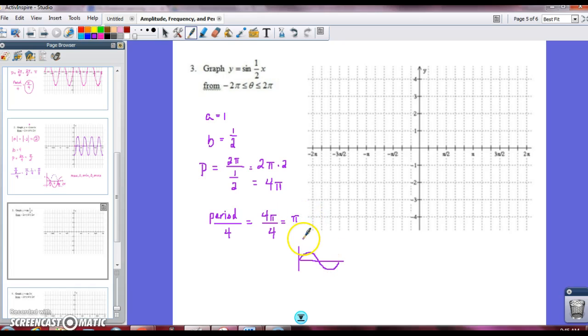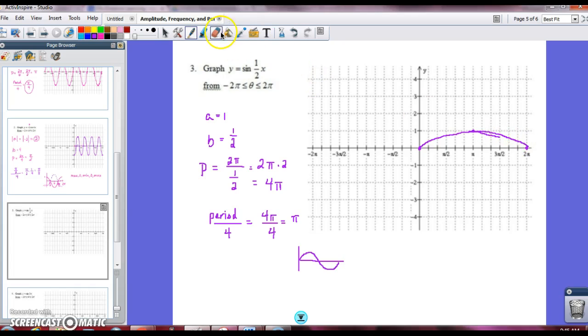Okay, 0, max, 0, min, 0. So if I'm starting at 0 and at pi, because that would be my next interval, I'm up at my max, and then another pi radians puts me out at 2 pi, I'm back at 0. So you'll see here that the only thing I'm graphing is this.